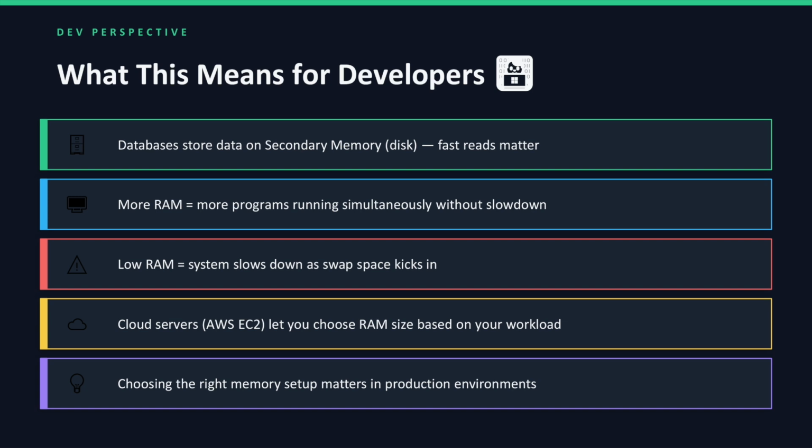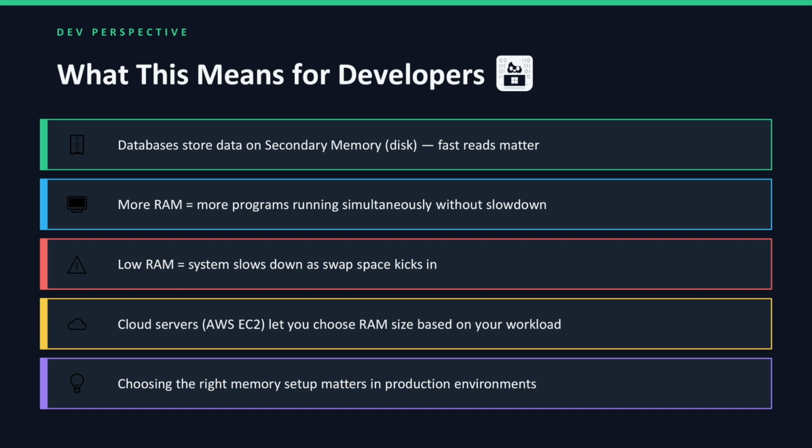Let's bring this back to what it means for you as a developer. Databases store all their data on secondary memory. This is why database reads can be slow and why optimizing queries matter. More RAM on your machine means you can run more services simultaneously without things slowing down. If your RAM runs out and swap kicks in, your whole system will feel sluggish.